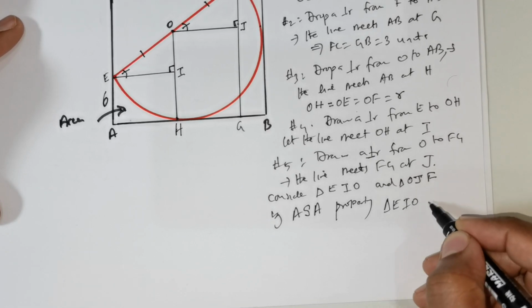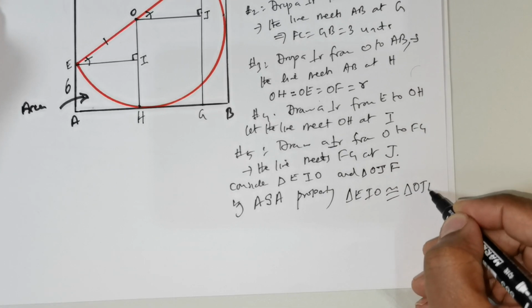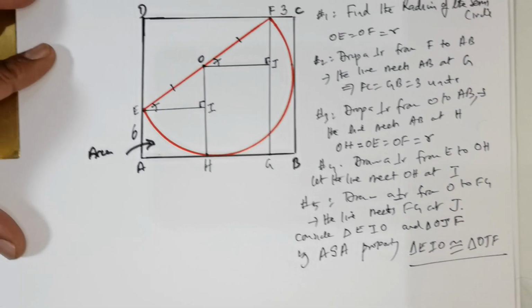Triangle EIO is congruent to triangle OJF. That's all. The solution is got.